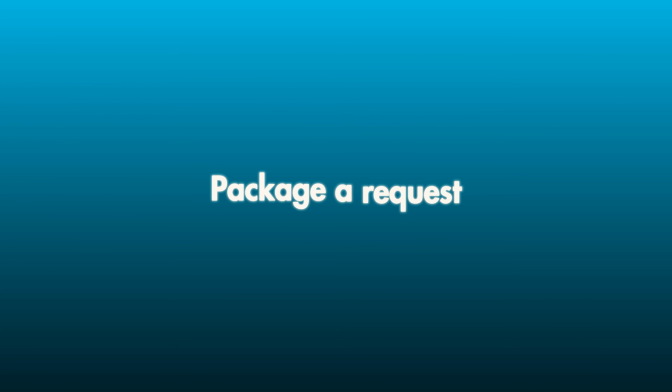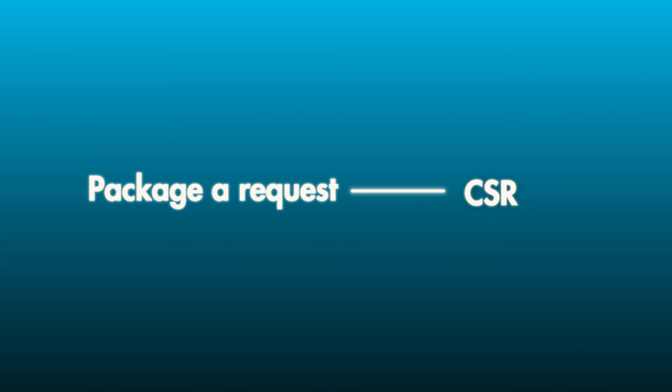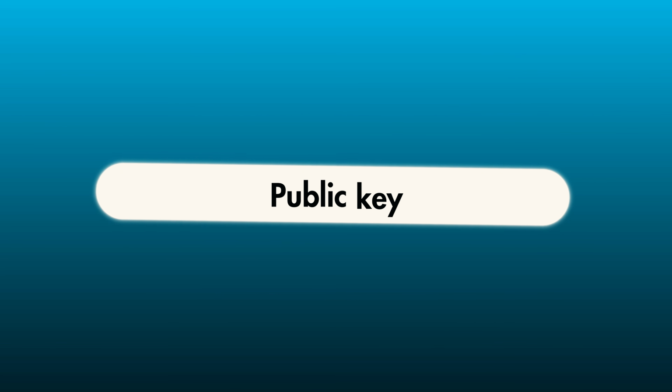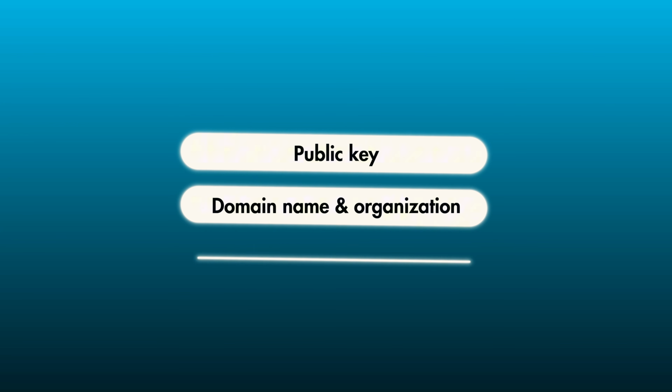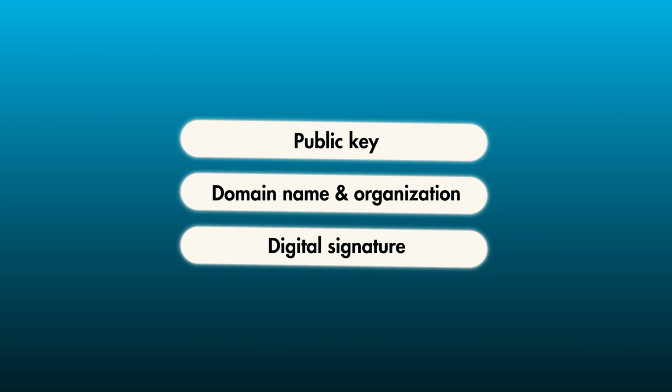Now that we have our private key and CSR, we can go ahead and transfer that CSR over to our certificate authority to have it signed. So far, what the server has done is package a request, the CSR, and that CSR basically says: here's my public key, here's my domain name and organization, and here's a digital signature proving I own the private key that matches the public key in my CSR.